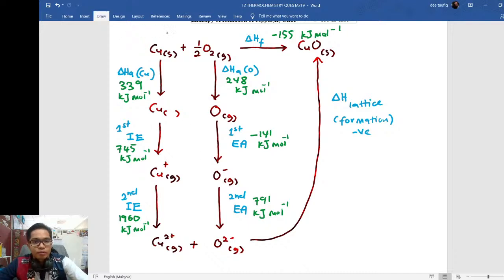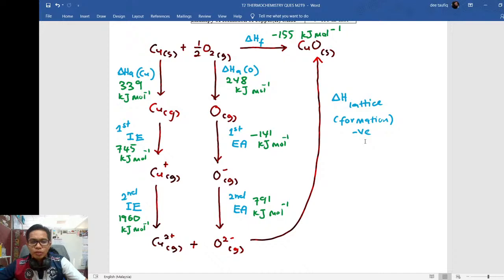Mana pen ni? Okay, so now let's calculate the value for delta H lattice. So far saya buat dia ke atas. So my answer expecting should be negative.